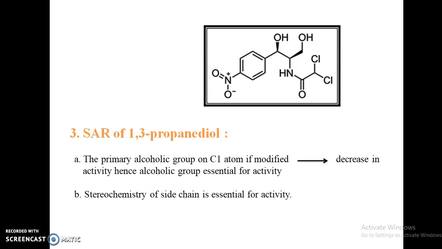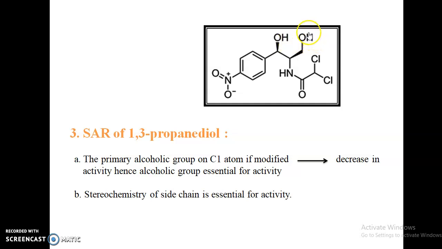The SAR of 1,3-propanediol. This is our 1,3-propanediol structure. If the primary alcoholic group on the C1 carbon atom is modified, then the activity decreases, so this alcoholic group is essential for the activity.